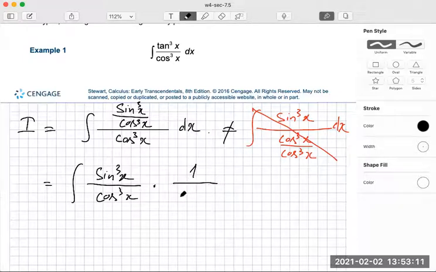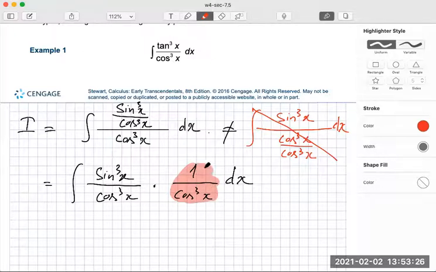And the reciprocal of cosecant cube here will be 1 over cosecant cube dx, okay? Do you see how tricky it is? Is it clear?